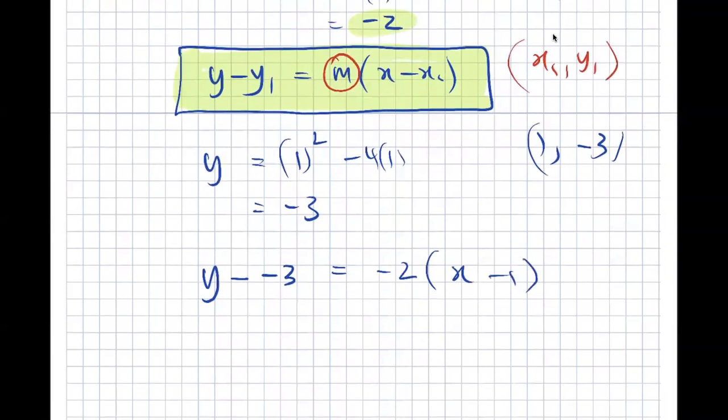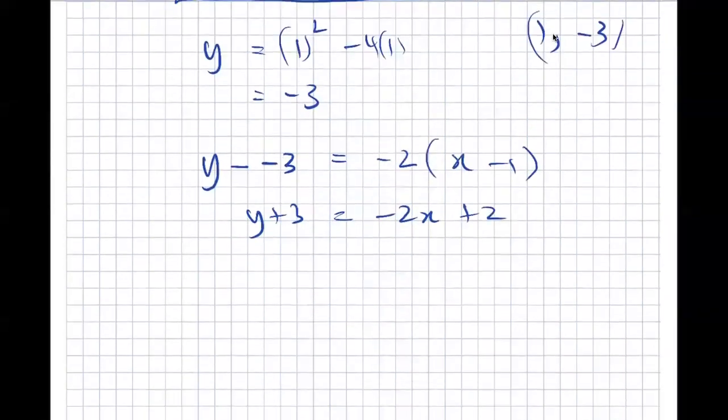Okay, so substitute it in, and from there we can go ahead and create the equation. Well, first of all, y plus 3 equals negative 2x plus 2. And then last thing to do, subtract 3 from both sides. y is equal to negative 2x minus 1. And that's the equation of the tangent at that point. And this time we are done.